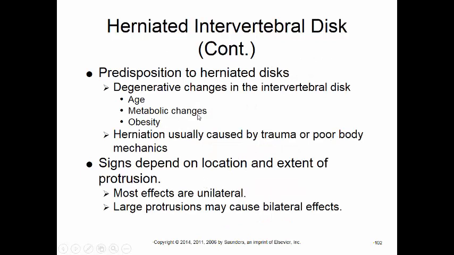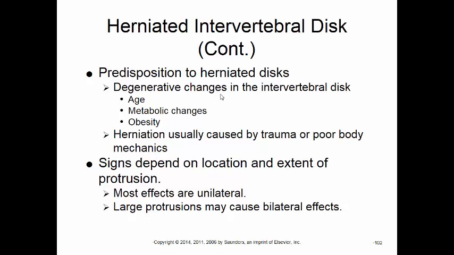Predisposition to herniated discs includes degenerative changes in the intervertebral disc due to age, obesity, and metabolic changes. Herniation is usually caused by trauma or poor body mechanics.